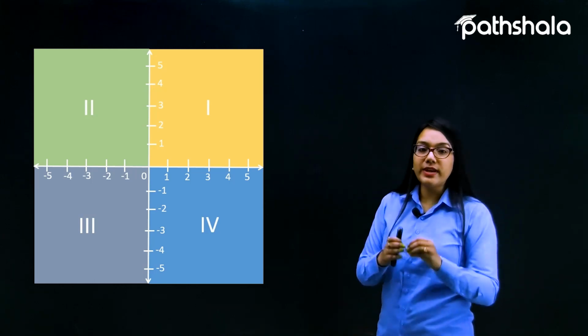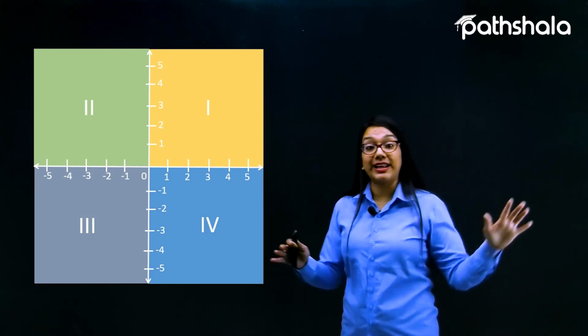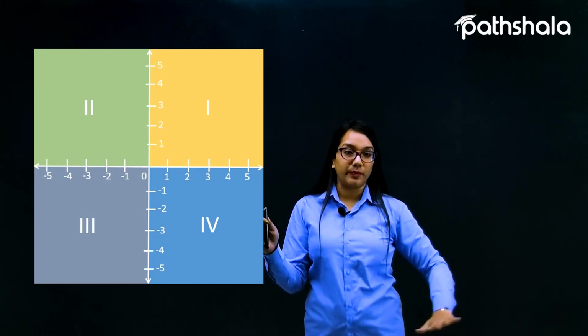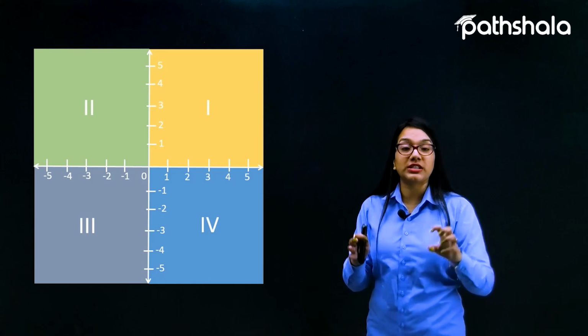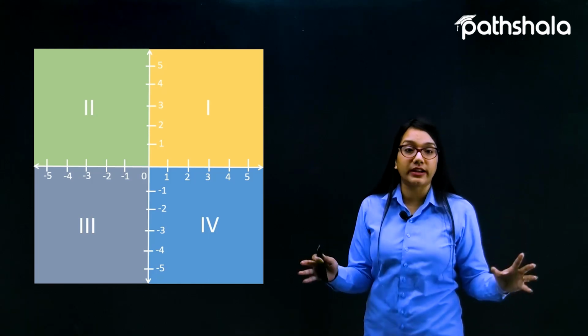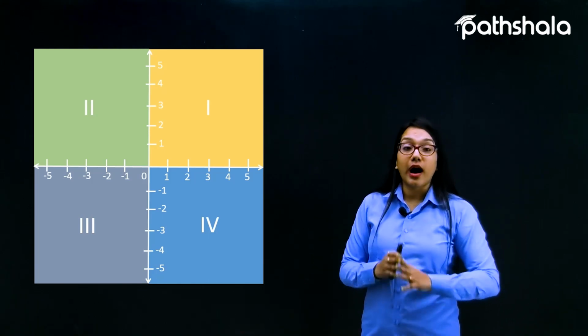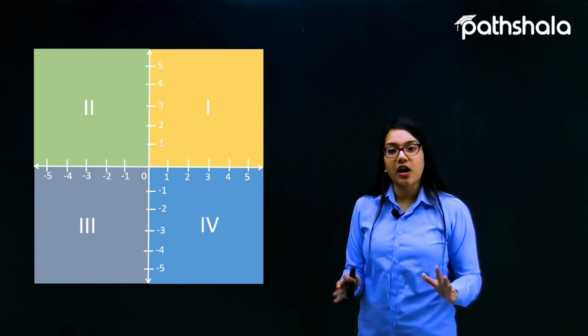So we always have to take all these sections in an anti-clockwise direction. Such sections are called quadrants in a Cartesian system.